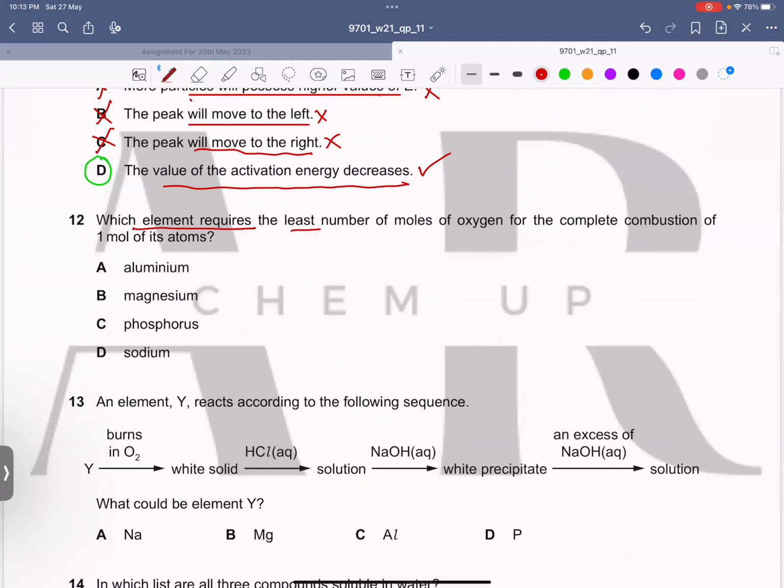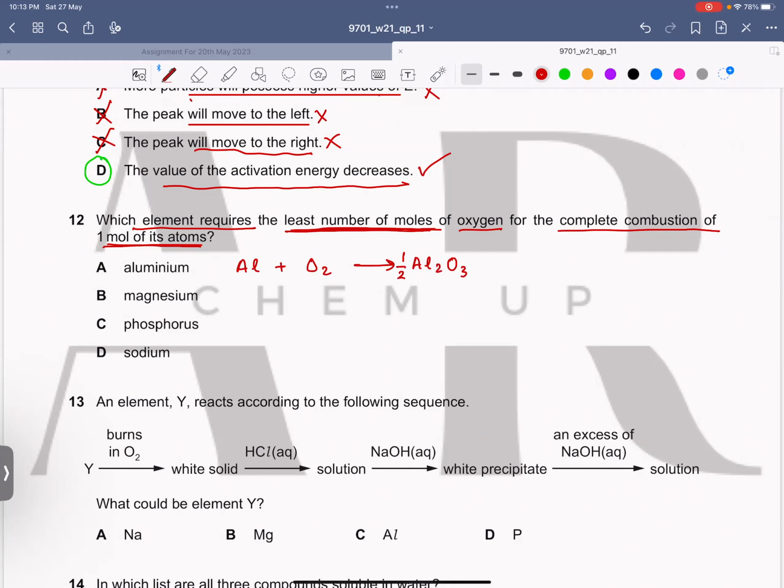Which element requires the least number of moles of oxygen for the complete combustion of 1 mole of its atom? They are asking which element requires the least number of moles of oxygen for 1 mole of its atom. So if you write the combustion equation for aluminium, it would be Al2O3, which means that if I have 1 mole of aluminium over here, I have to make it half.